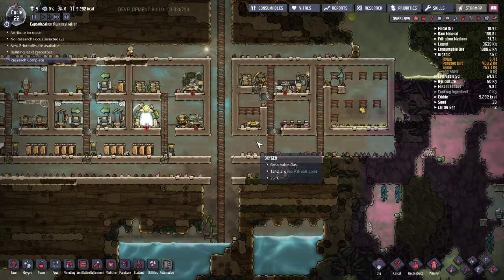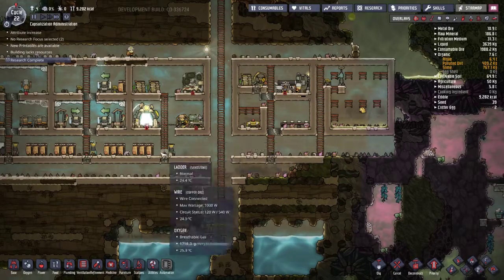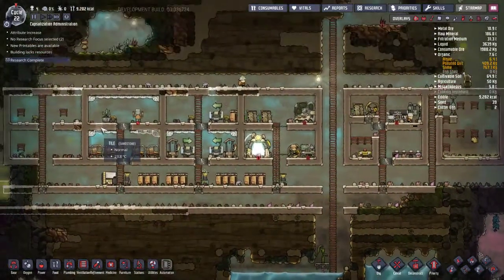Usually all of the rooms had doors, which was fine. When the door is closed, duplicants just walk over it fine without needing to jump. But I found very frequently that the doors were just open because duplicants needed access to those rooms. So I just solved that issue by only putting the rooms on one side.